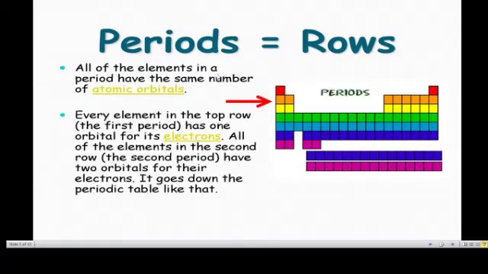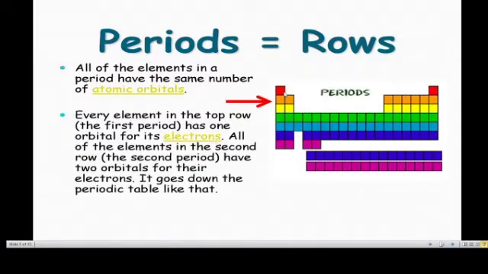All of the elements in a period have the same number of atomic orbitals. Every element in the top row, that is the first period, has one orbital for its electrons.